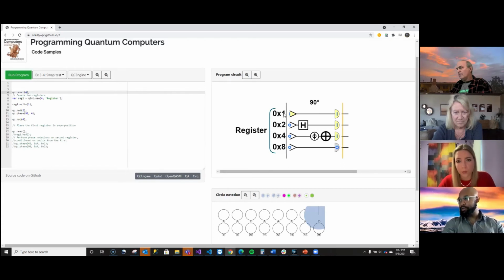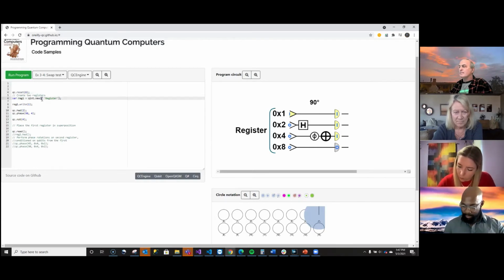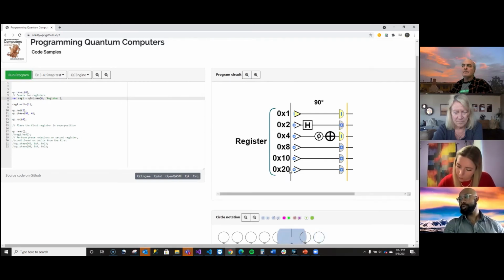This is here 2 to the power of 0, 2 to the power of 1, 2 to the power of 2, 2 to the power of 3. Now, when we get to 5 or 6 qubits, here it shows 10, 20. But then Jeremy, in his infinite wisdom, reminded us that this is hexadecimal, right, Jeremy?